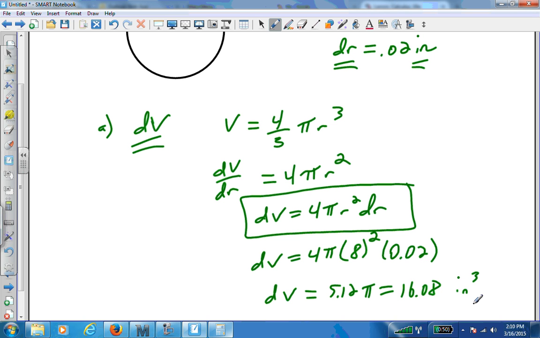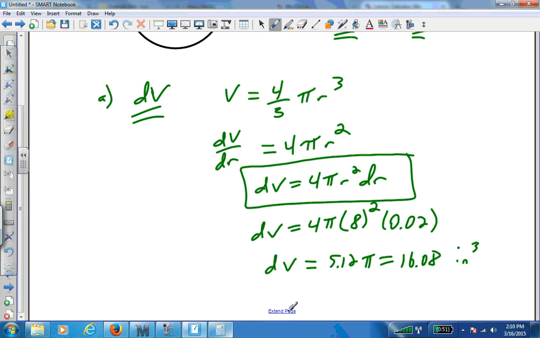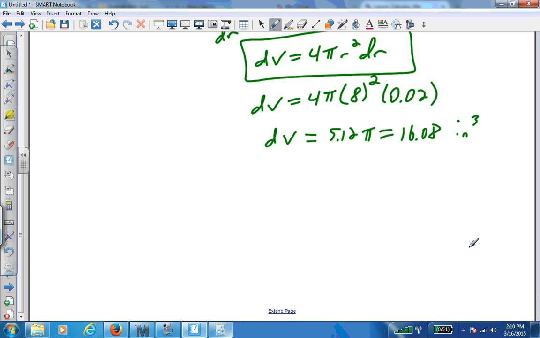So then part C asked to approximate the percent error in measuring the volume. So percent error, basically the error is what percent of the actual volume. So when we look for percent error, we take the part, how much are we off, divided by the whole.